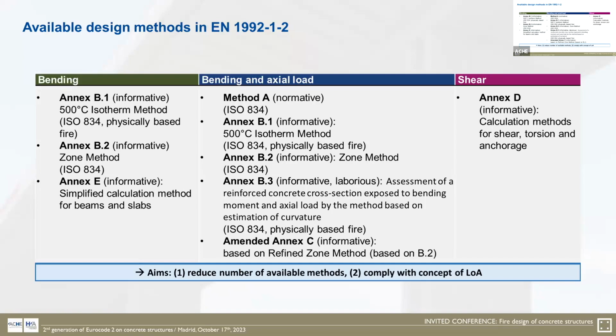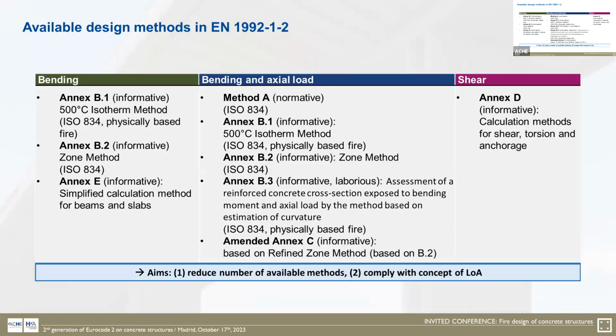And not because it didn't work, or not only because it didn't work in certain cases. It's because we made it simpler. We provided a method which is even simpler than the 500 degrees centigrade isotherm method. We didn't invent anything. The method was there before, but it was in an annex of the Eurocode. We simply brought it in the main body.